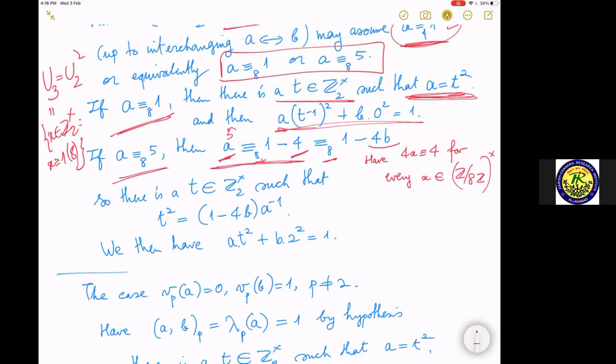And 4 is congruent to 4b, because for every x in Z mod 8Z star, 4x is equal to 4. I mean, 4 times 1 is 4, 4 times 3 is congruent to 4, etc. modulo 8, huh?